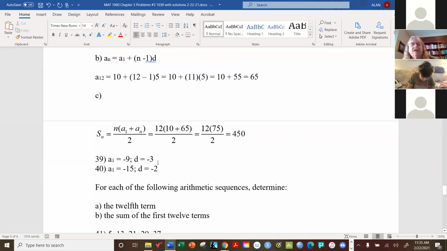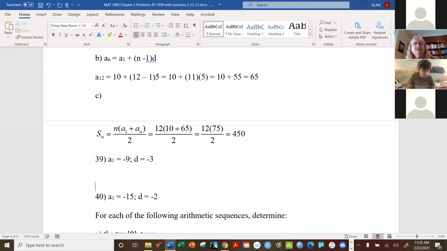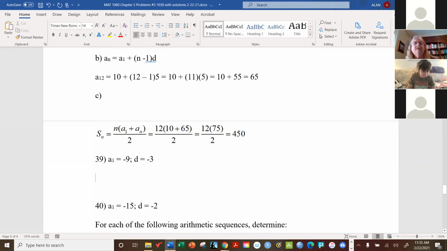Okay, now 39. Let's see what this one looks like. We have to watch it with this one because they're negative numbers. Not only are there negative numbers, but there's negative differences.